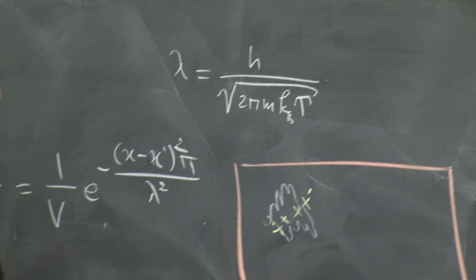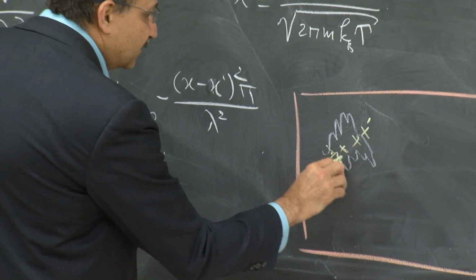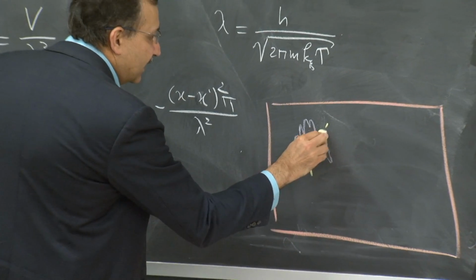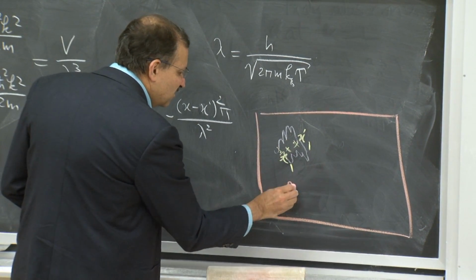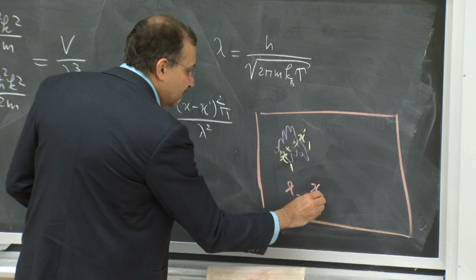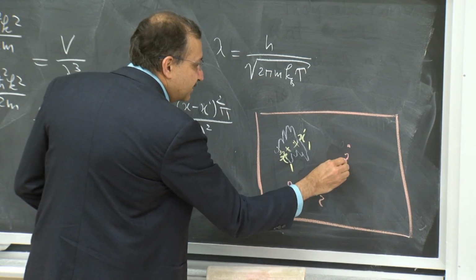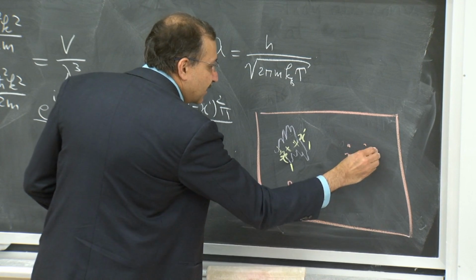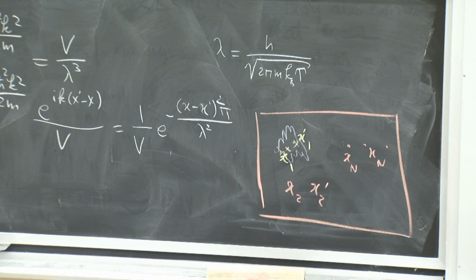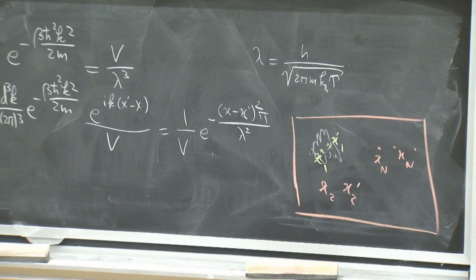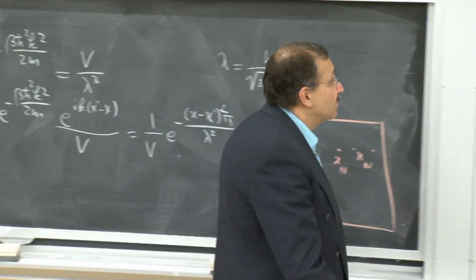So in the previous picture, this would have been x1 and x1 prime. And then I now have x2 and x2 prime, x3 and x3 prime, xn and xn prime. I have a bunch of different coordinates, and I'd like to calculate that.